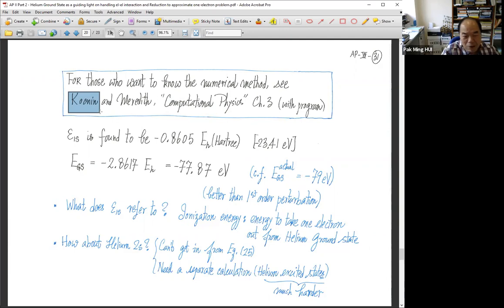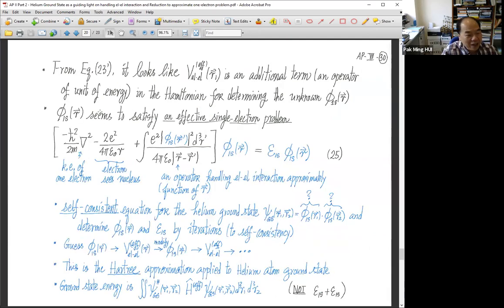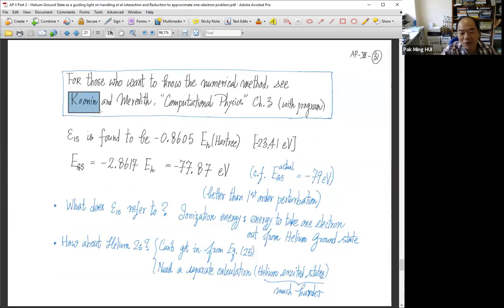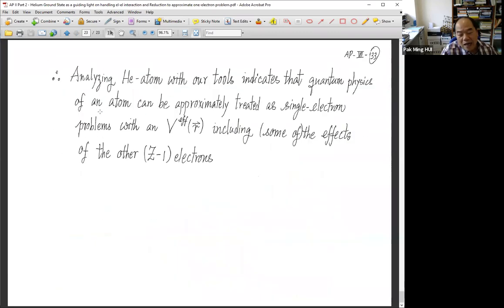So this is the problem that we just described. If you can't imagine how one can do that, you look up this book. In the appendix, there is a sample program. Then you can realize how to do iteration to convergence. So this, I hope, gives you some idea.